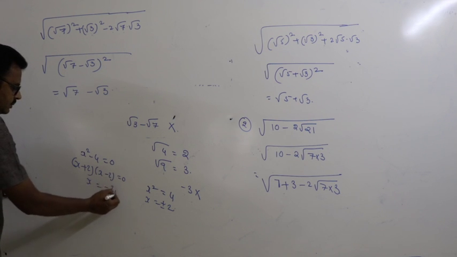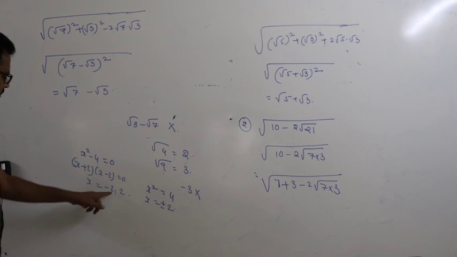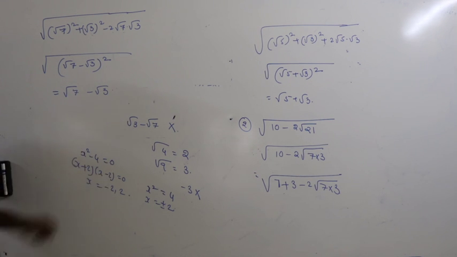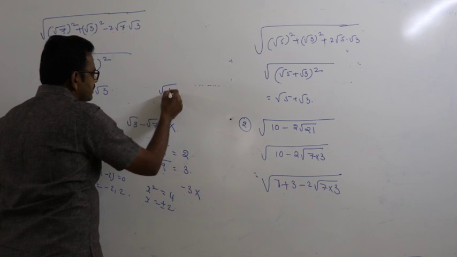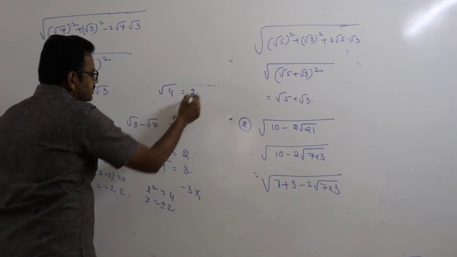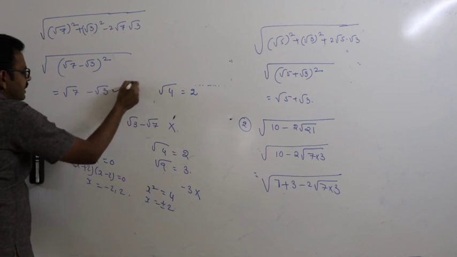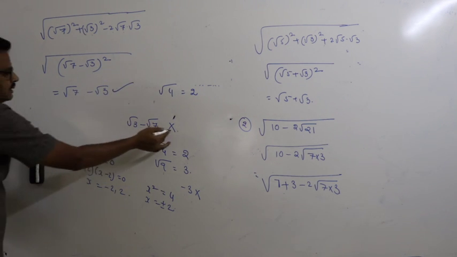X equal to minus 2, plus 2. X equal to minus 2 satisfies this equation, x equal to plus 2 satisfies this equation. But here root 4 is plus 2, not minus 2. So the answer is root 7 minus root 3. The other is wrong.